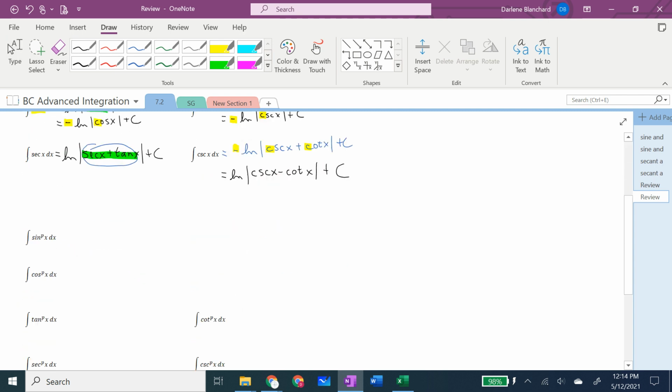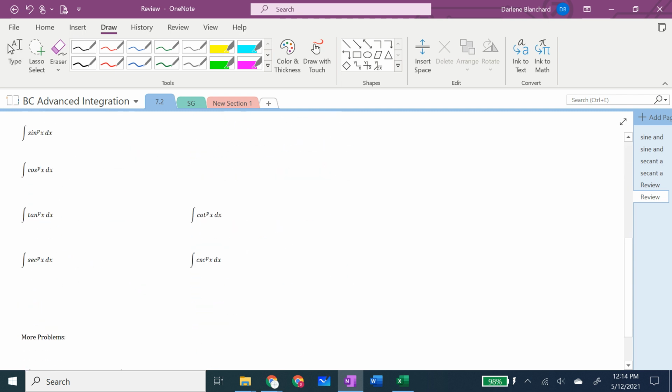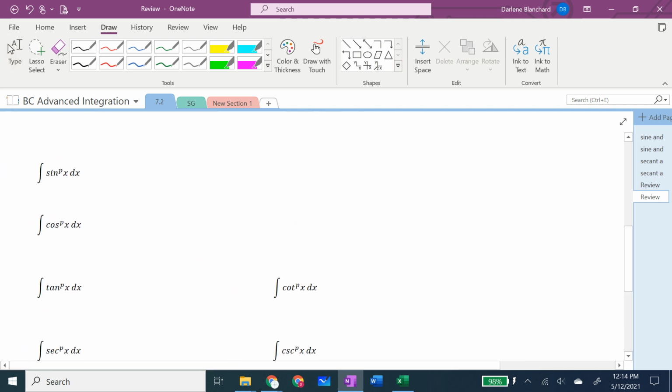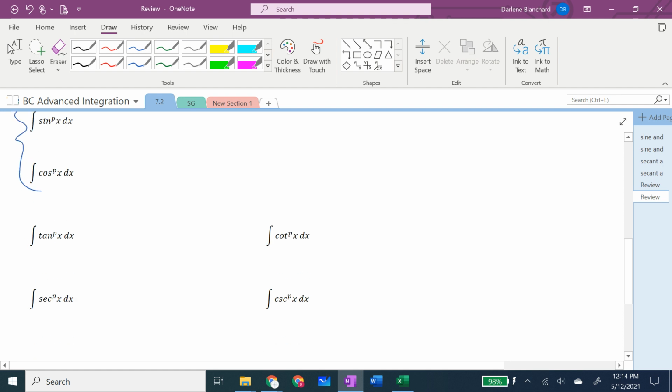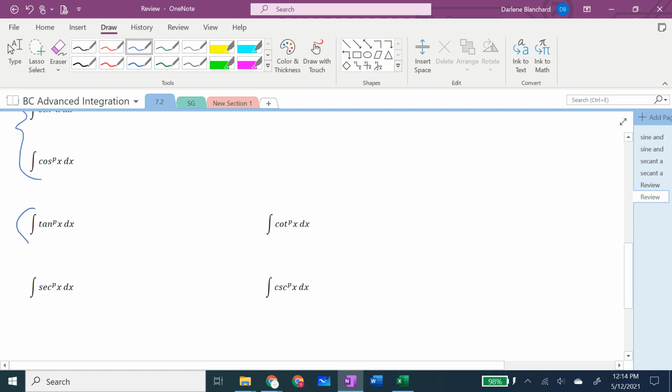Now, what if you have an exponent? We have pairing issues. Sine and cosine very nicely pair together. Tangent and secant pair together. Cotangent and cosecant pair together.